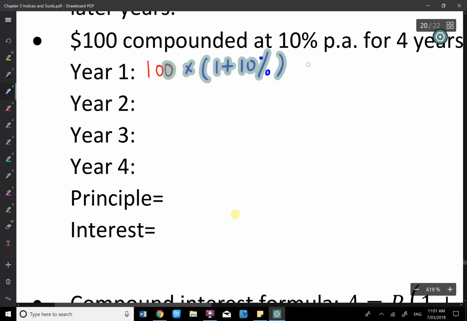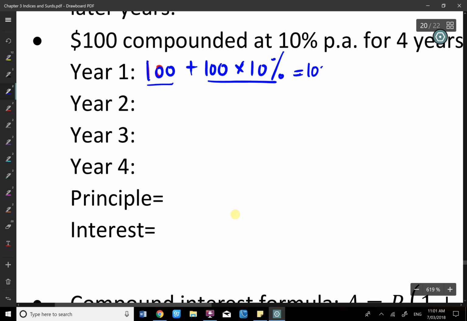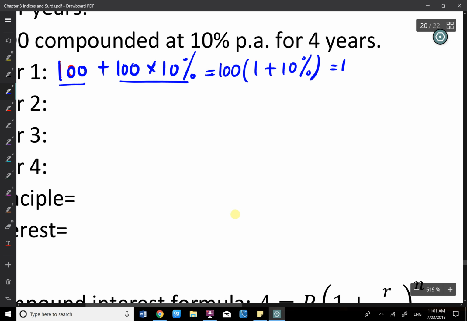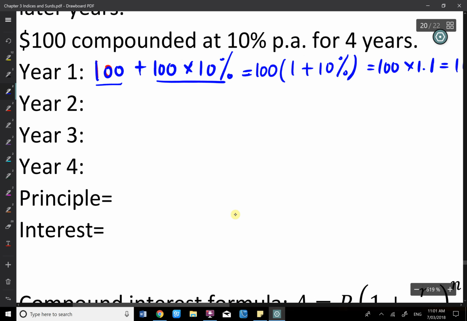If you still can't see it, I can say it is 100 plus 100 times 10%. That's the principal, that's the interest, that's the amount of money you have at the end of the first year. So you have 100 times 1 plus 10% by factorizing it, and then you have 100 times 1.1, which is $110 at the end of the first year.